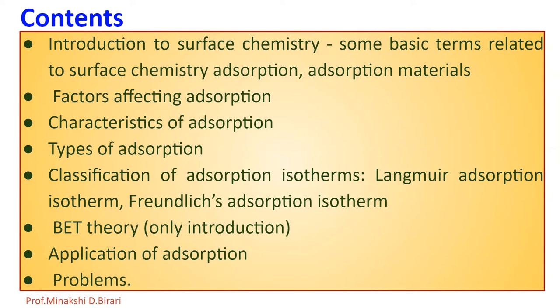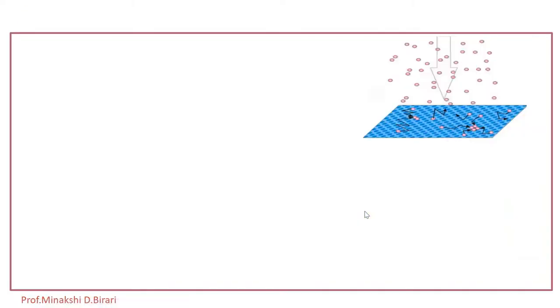So all these topics we have to study in detail one by one. First of all, in today's lecture we will study the mechanism of adsorption, factors affecting adsorption, types and characteristics of adsorption. So let's move towards today's lecture.